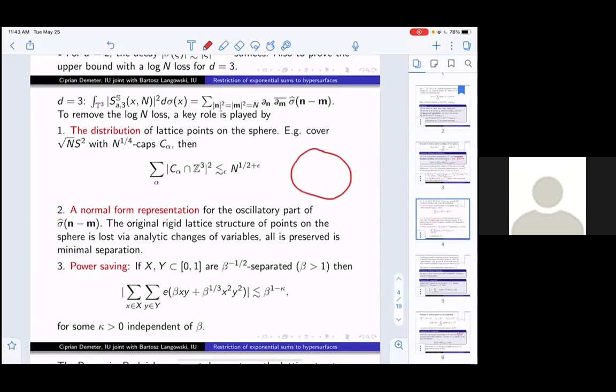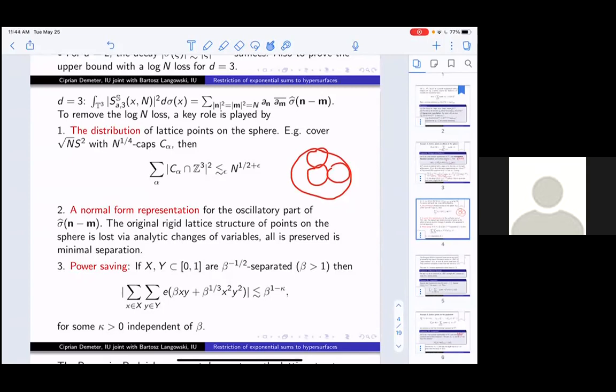One of them is the fact that, for example, if you cover, let's see if I can draw a picture, this is the sphere. You cover it with small caps. The radius of the sphere is square root of n, so let's say square root of n is equal to r. Then you cover it with caps of diameter roughly r to 1/2, and heuristically, in an idealized world, you'd expect each cap to contain about one lattice point.